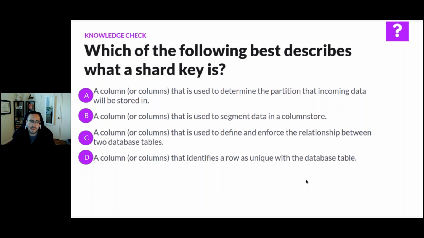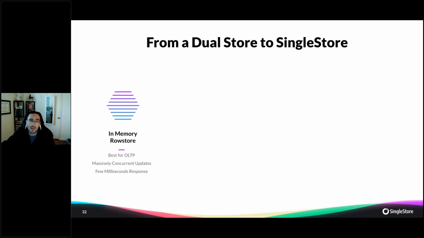So there's a few concepts here that I just talked about that we haven't gone in depth on that I'd like us to explore, and this particularly is about where SingleStore is as a product today. Traditionally, SingleStore was a dual store product. In fact, we had in-memory row stores for hot data, for transactional operations, concurrent updates, with fast SLAs with few millisecond responses.